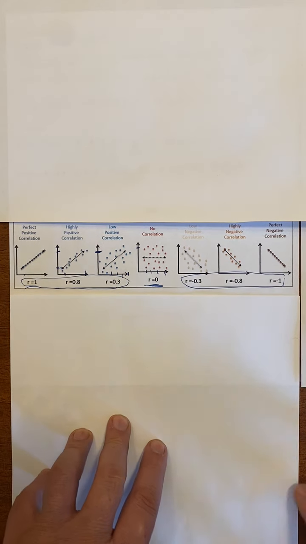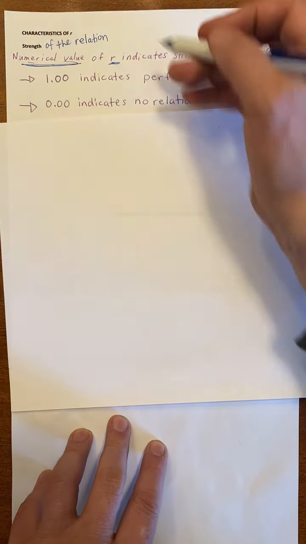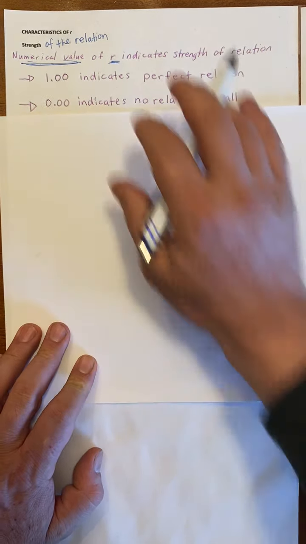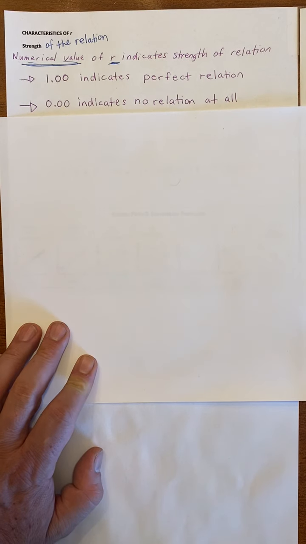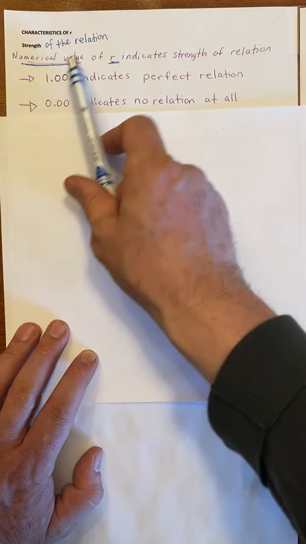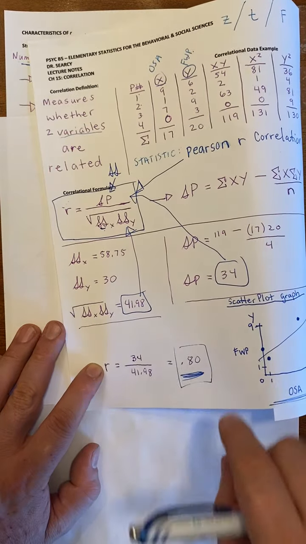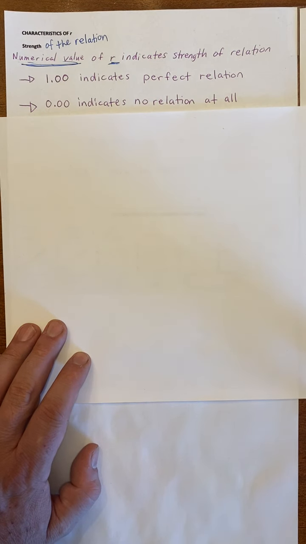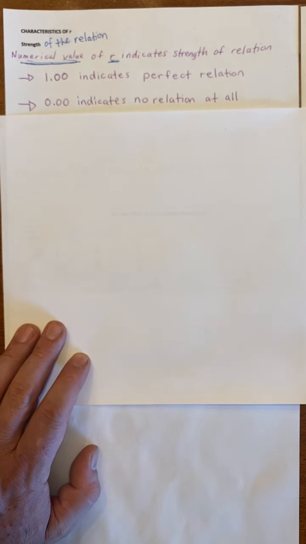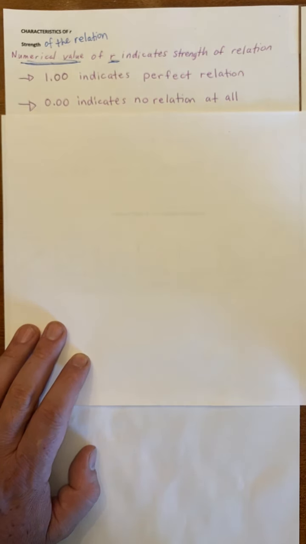Okay, so now that we've talked about the strength, basically what we're saying is, as a researcher conducting a study, I want my R to be high. I want it to be closer to 1, the way it was here. Okay, so that's one characteristic of how we look at and interpret a Pearson correlation.